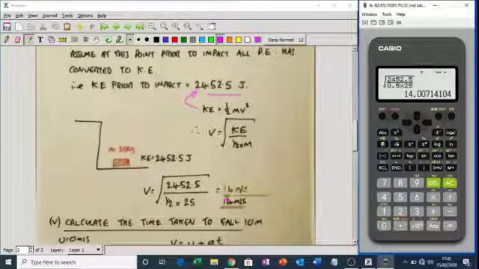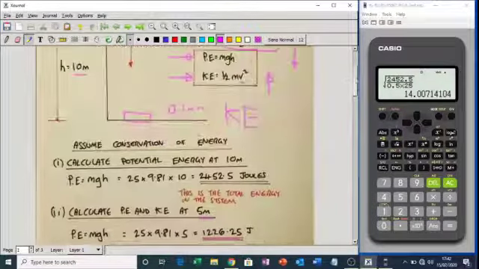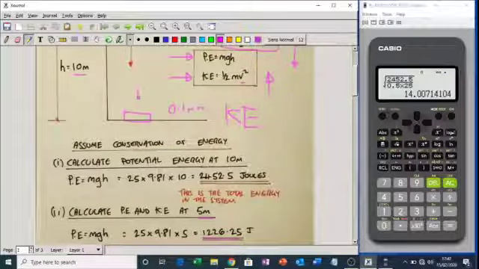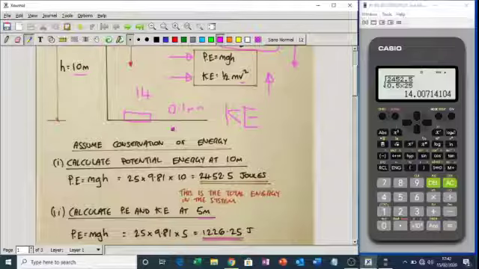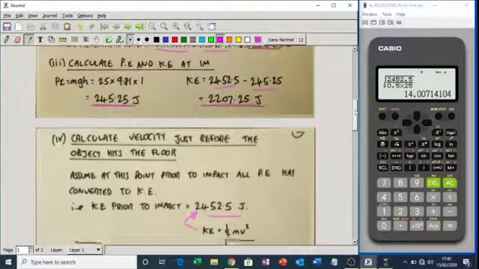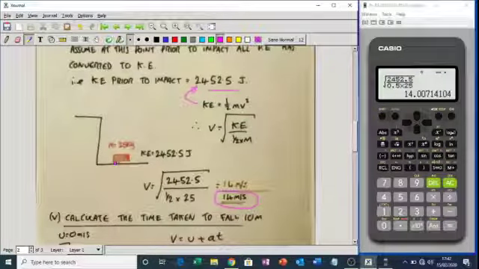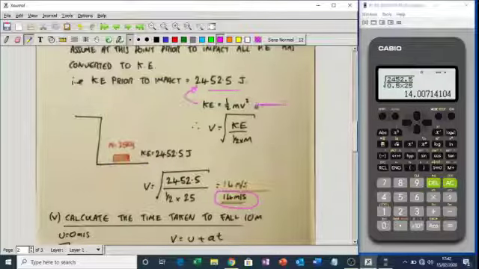So 14 meters per second is the velocity as it hits the floor, or just about as it hits the floor. As soon as it hits the floor, it stops dead, so all the velocity goes and the energy is converted into other forms. So that is the velocity prior to hitting the floor, using that formula there.